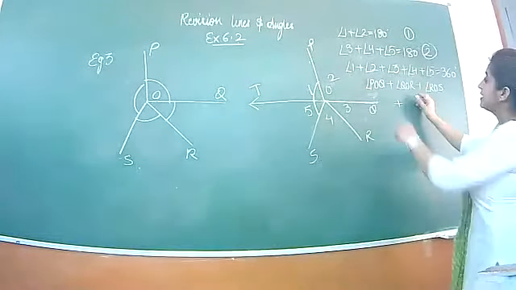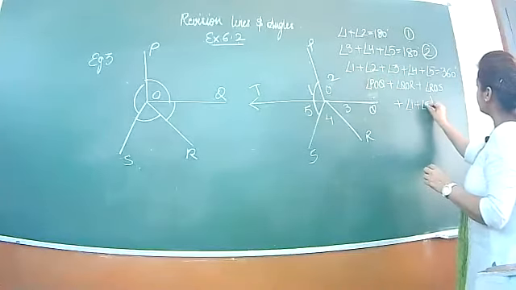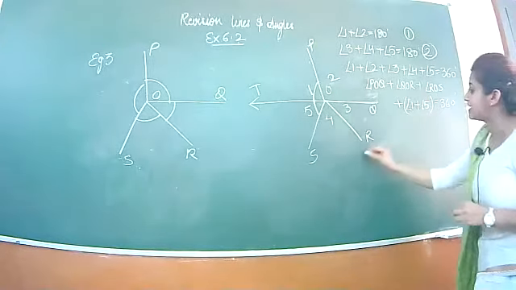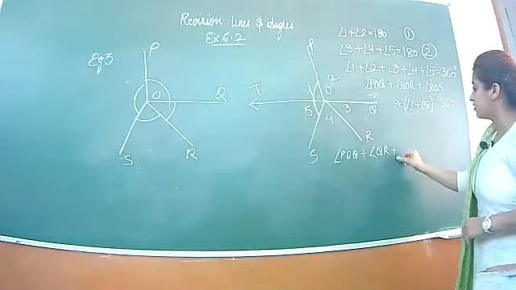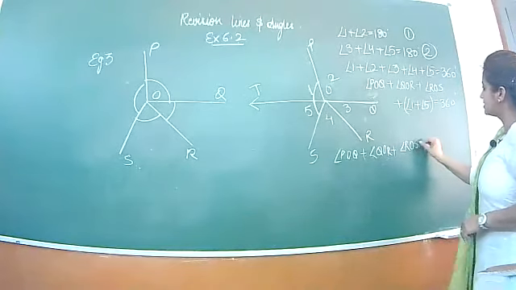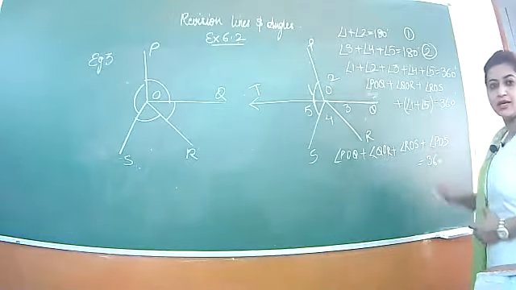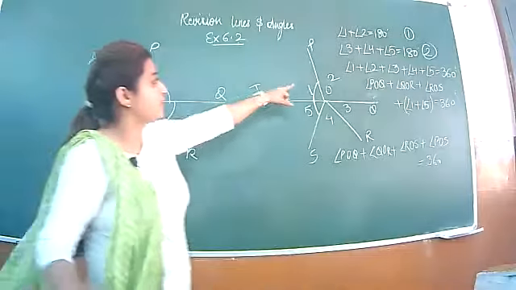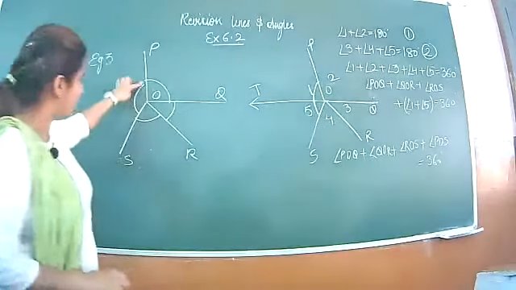So can I write angle 1 and angle 5 in the bracket? After combining, what you will get is POQ plus QOR plus ROS plus angle POS is equal to 360. Is it okay? So I have added angle 1 and angle 5 that will give you POS, that we want.